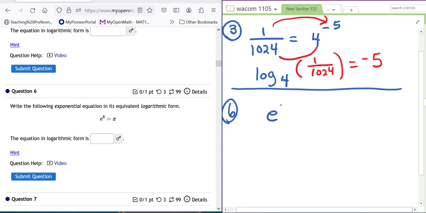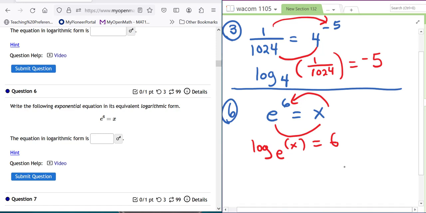Okay, so E to the 6th equals X. If you're going to write it in logarithm form, I'll go ahead and write it the way we've been doing. You still start at your base, and so E. Log, start with log base E of X equals 6. Doing your spiral around the equals, finish at your exponent.